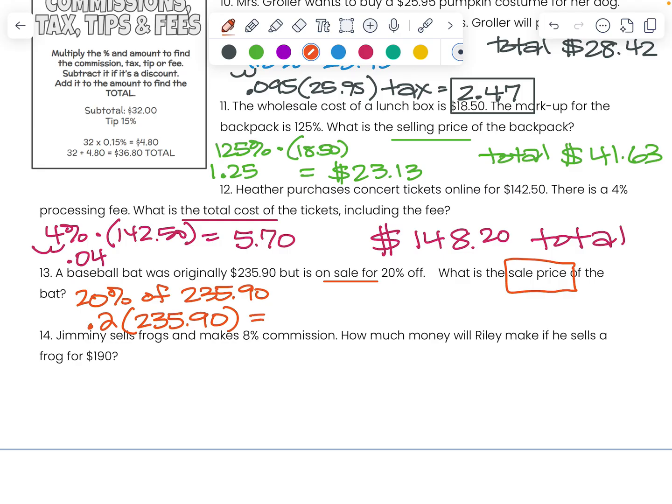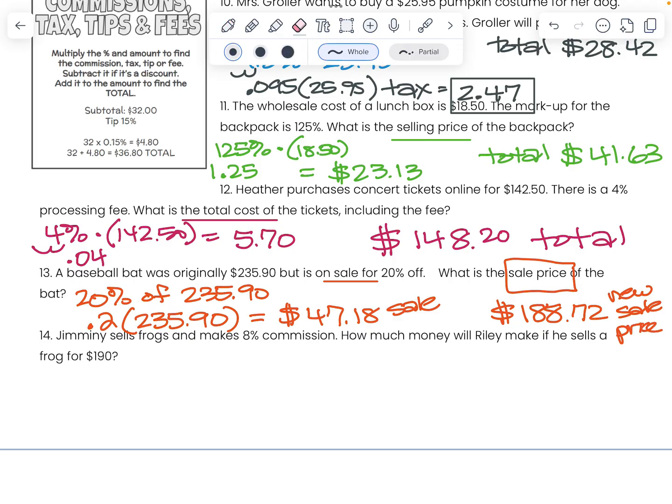Okay. So I got $47.18. That is what we're going to take off or subtract from the original price of the baseball bat. So subtract in your calculator, and what do you get? The new price on sale should be less. In fact, I'm not going to write total. New sale price, right? And I guess this you could even call the discount. How much they're taking off for the sale.